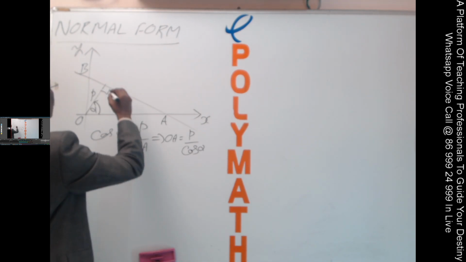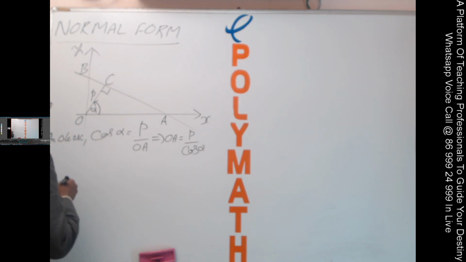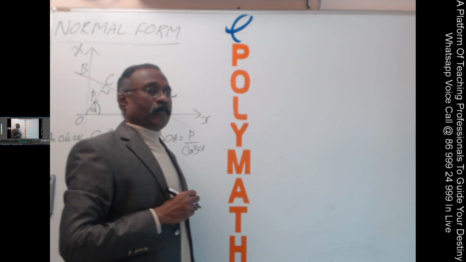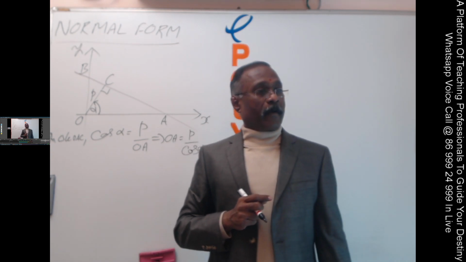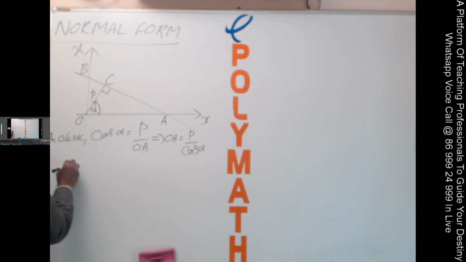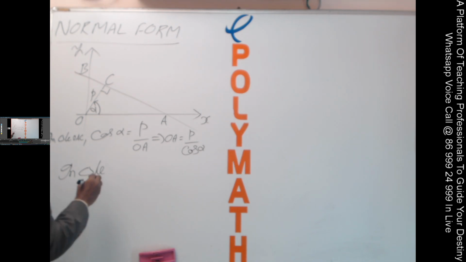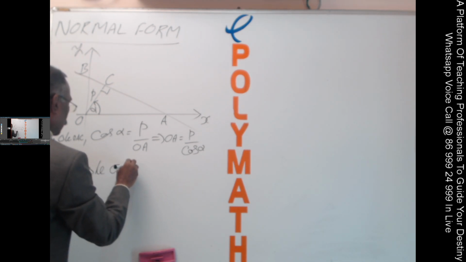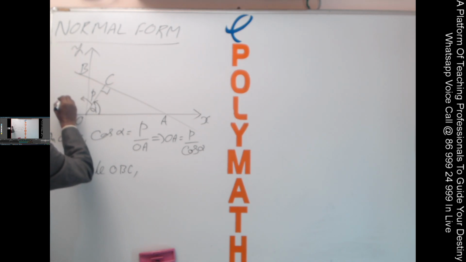I'm talking about triangle OAC. In triangle OAC, you have cos alpha is equal to p by OA. Similarly, in triangle OBC, if this is alpha, this is 90 minus alpha.